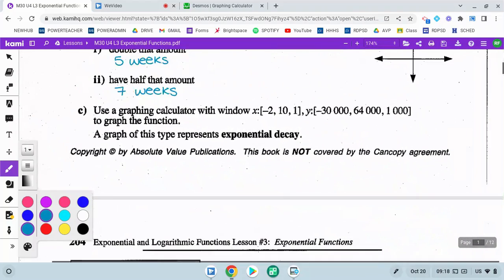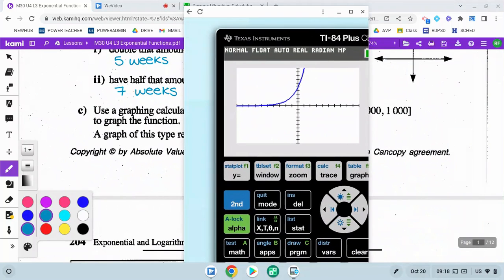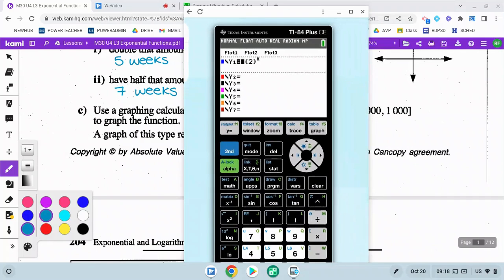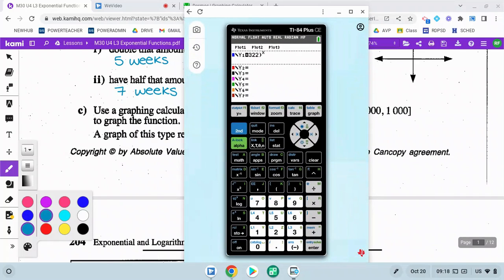Okay. Then it says we want to graph with this window. We'll do that quickly. So go back into your y equals first. Type in the equation, which had our big 32,768. We were multiplying it by 1/2 to the power of x.